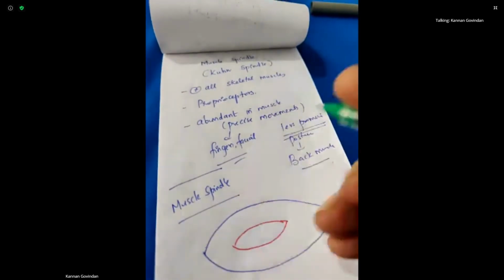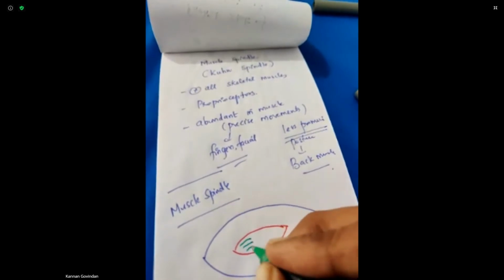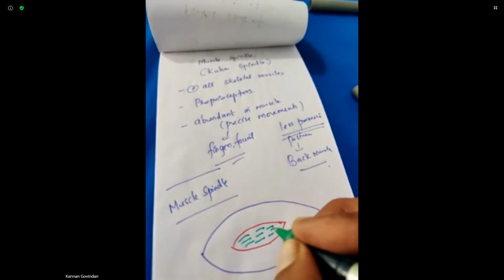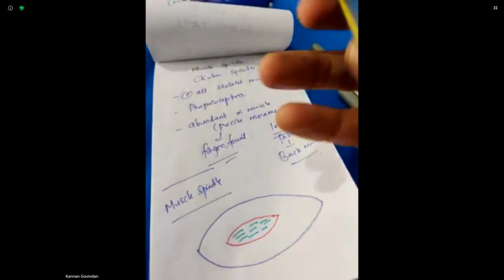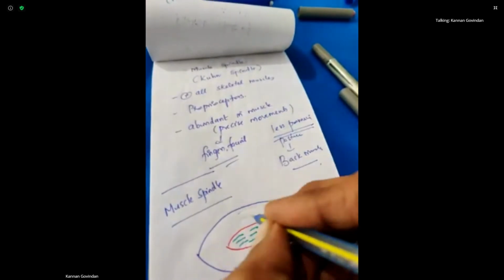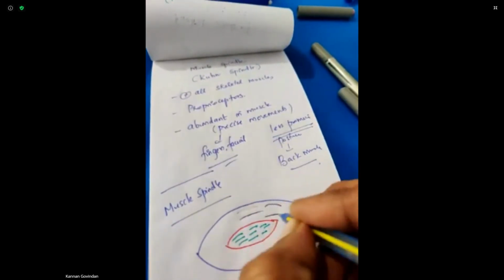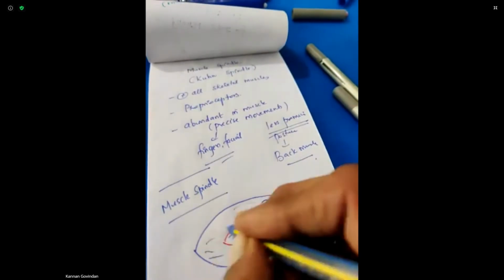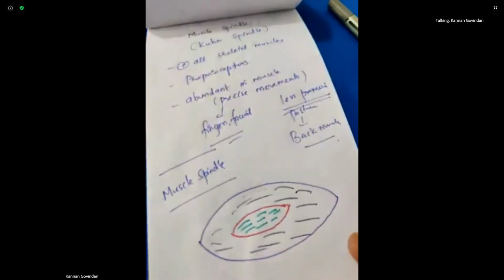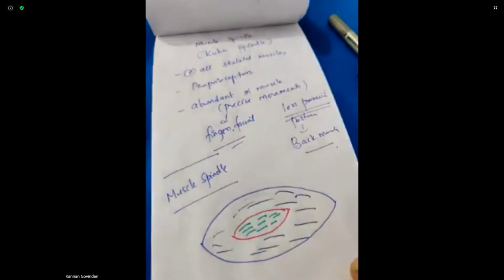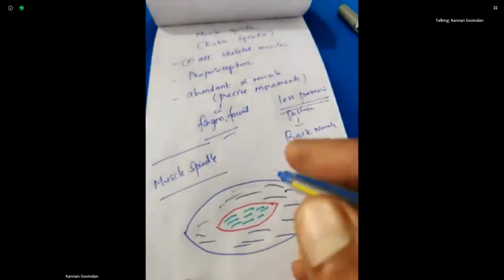A few fibers are present inside the capsule, and many muscle fibers are present outside the capsule. These are just rough diagrams for your understanding. Don't reproduce this in your exams. You follow your book diagrams.